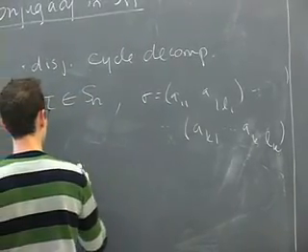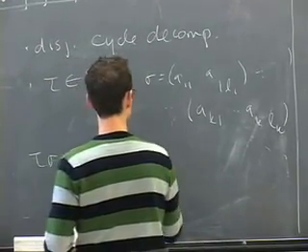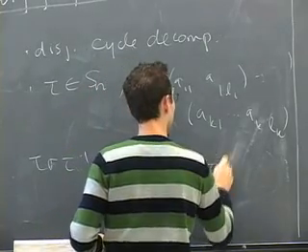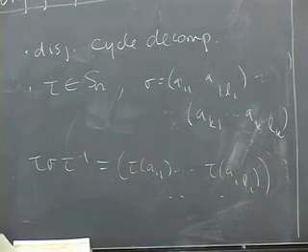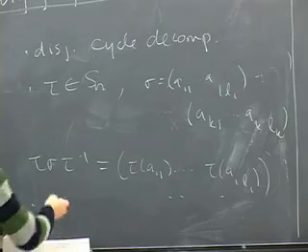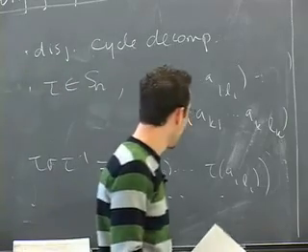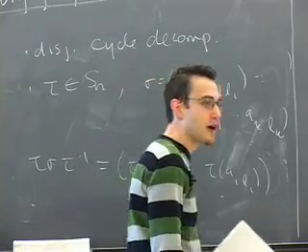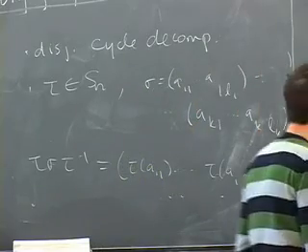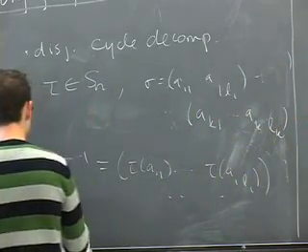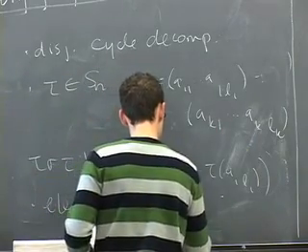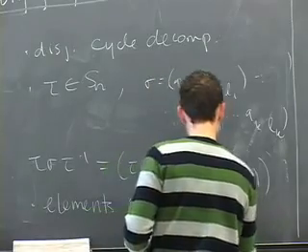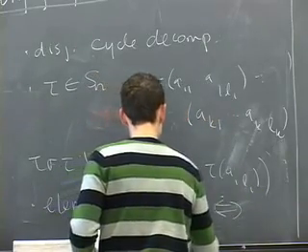Then tau sigma tau inverse is just equal to (tau a_11, tau a_12, ..., tau a_1l_1), etc. So we know how conjugacy works, and in particular, this formula shows effectively that elements of Sn are conjugate if and only if they have the same cycle shape.